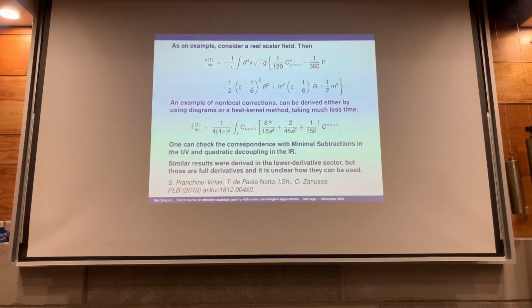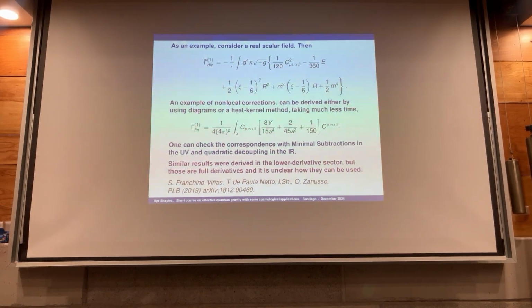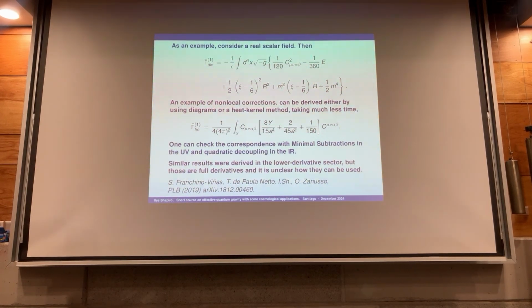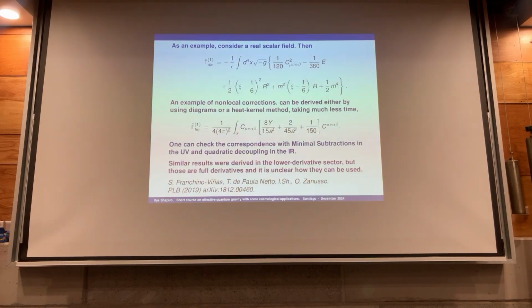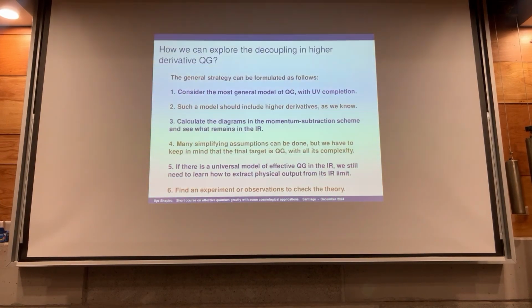And Omar is in Pisa in Italy, and Sebastian is trying to get a job somewhere. So yeah, we did calculations, including we calculated the form factor for R, for the linear term. But we have it, and we don't know how to apply it. Sebastian has some ideas about this, but I cannot discuss it here.